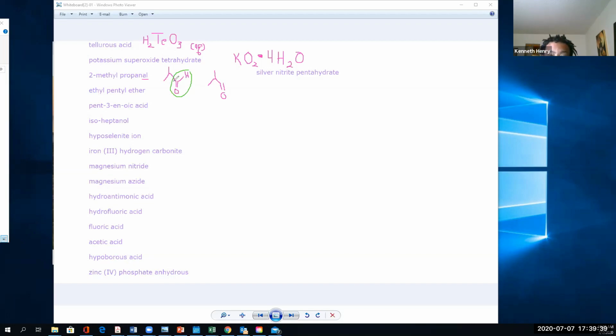You guys get that? How many carbons do we have? 1, 2, 3. We have a methyl hanging off of this 2, since this will be our first carbon. Okay, and then this is the aldehyde structure. Piece of cake?